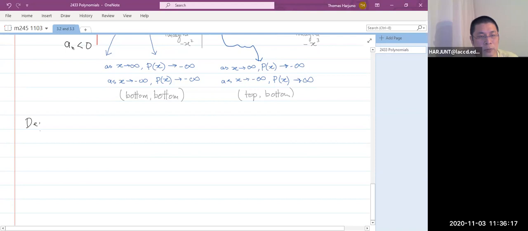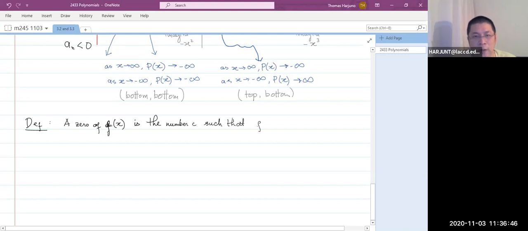Definition: a zero of a function f(x) is a number c such that f(c) equals 0.